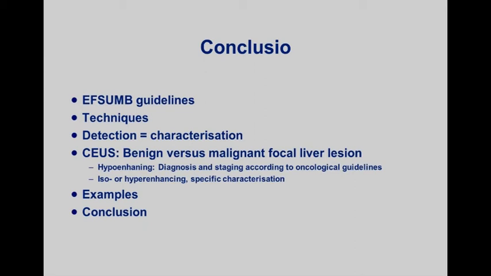We learned that whenever there is a hypoenhancement in the portal venous phase of an arterial hyperenhancing lesion, this improves detection of the lesion, but also means that it's liver-foreign tissue and highly suspicious for malignant focal liver lesions. If you look at the clinical background, age, comorbidity, in such a patient, biopsy and histological proof of the focal liver lesion has to be done.